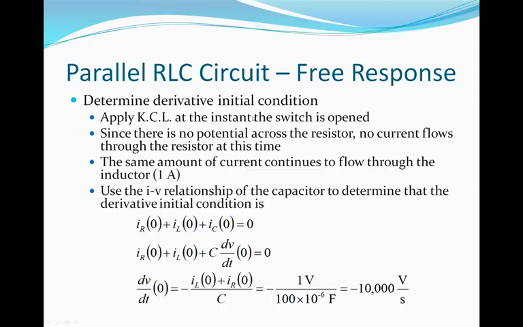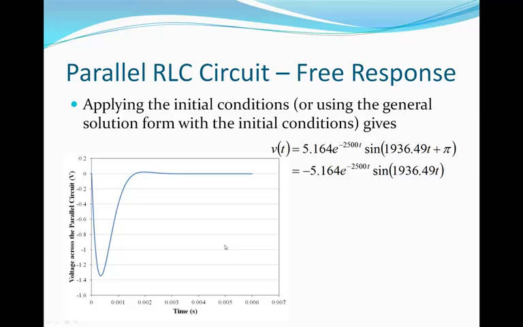For the derivative initial condition, we applied Kirchhoff's current law at time equals 0, and used the property of the capacitor to solve for the derivative initial condition for the voltage. And when we did all of that, we came up with a general solution that did indeed have a sine function with an exponential decay modifying it.